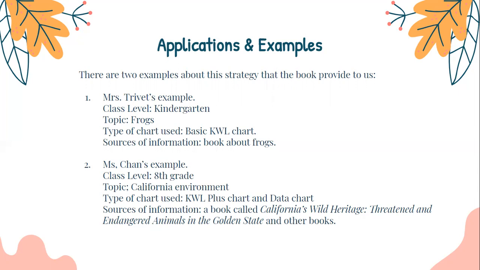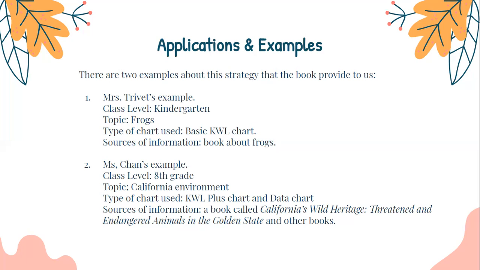The second example is Ms. Chan's example. Her class is 8th grade, and the topic she uses in her lesson plan is California environment. And the type of chart Ms. Chan used is the KWL plus chart and data chart.